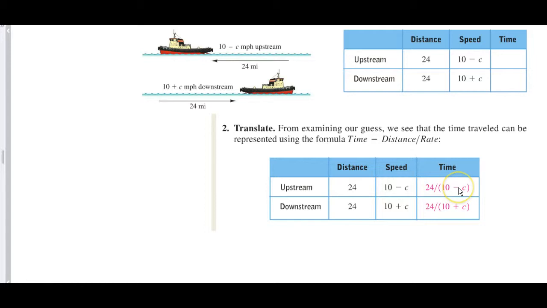Okay, there it is right there. This would be going upstream, you're going against the current, and it's 24 divided by this, downstream with the current.